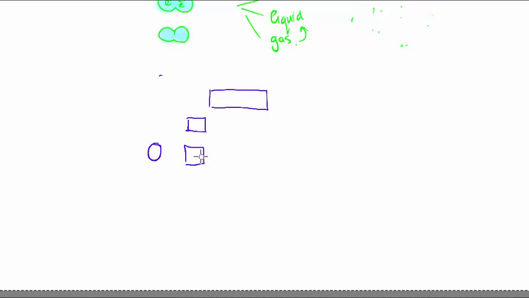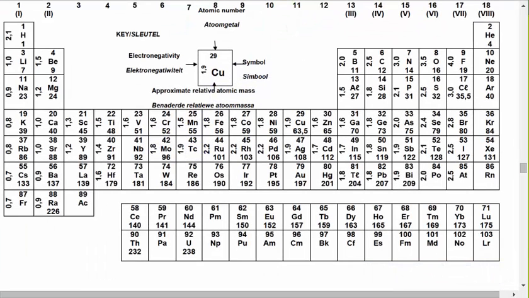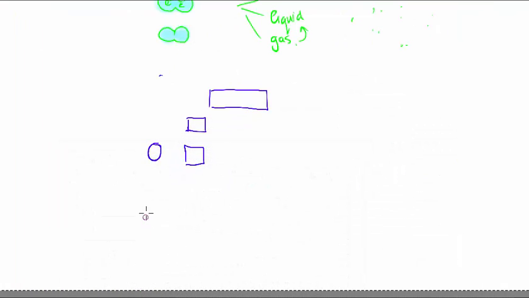Now how many electrons do I have to distribute? 8 electrons. 1, 2, 3, 4, 5, 6, 7, 8. I need 2 more. Remember, what type of orbitals are these?